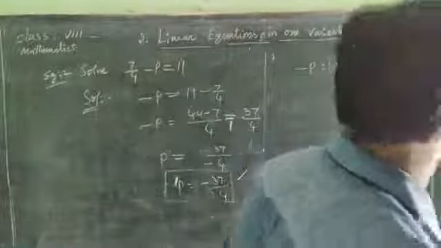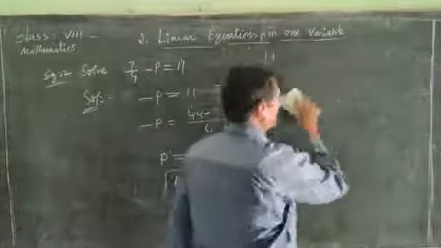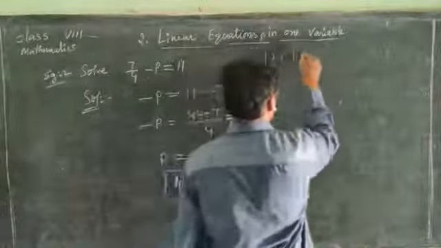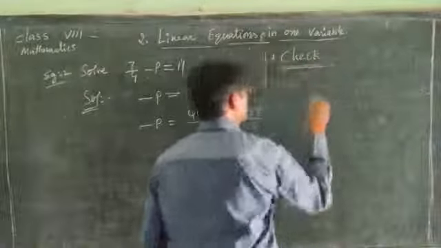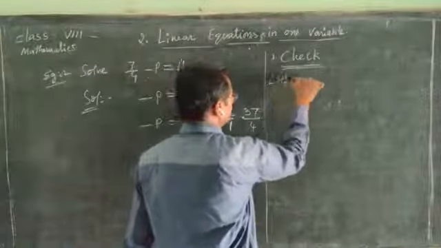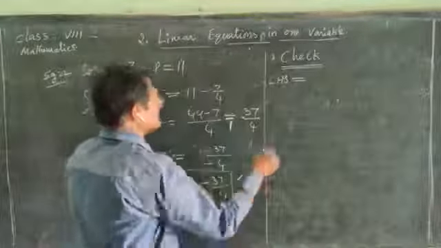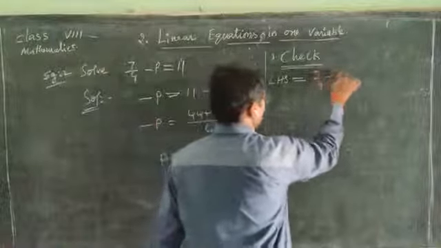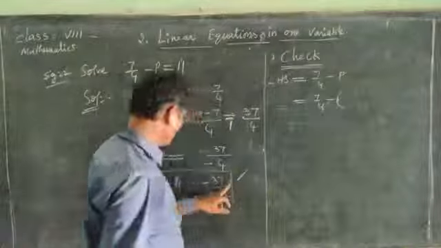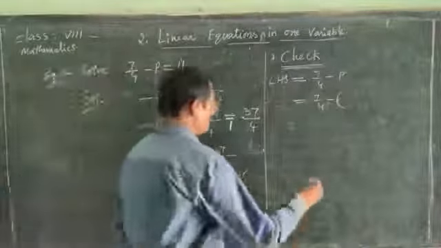Is it a solution or not? How to check it? You observe the checking. First, take the LHS. What is LHS? 7 by 4 minus p. The p value we already got is minus 37 by 4.